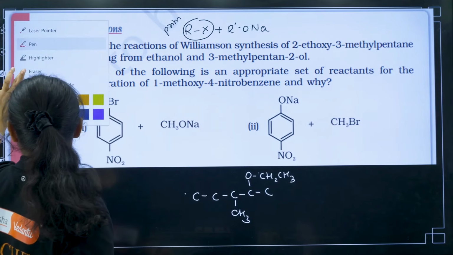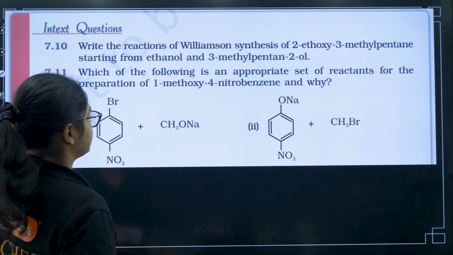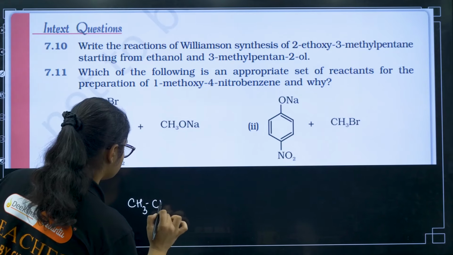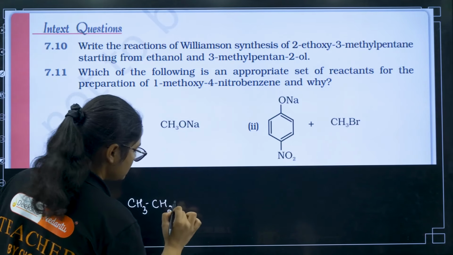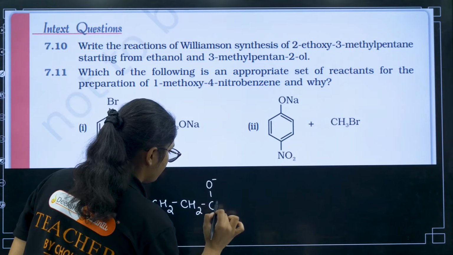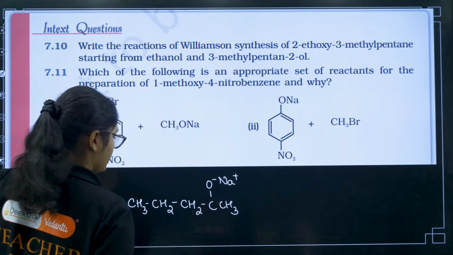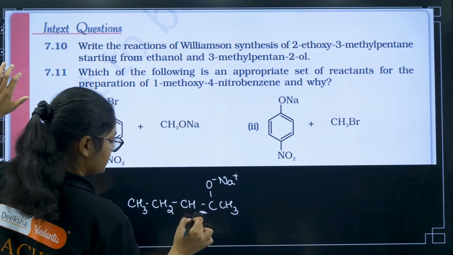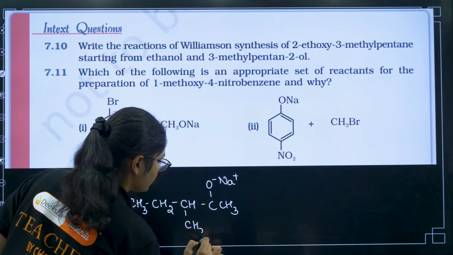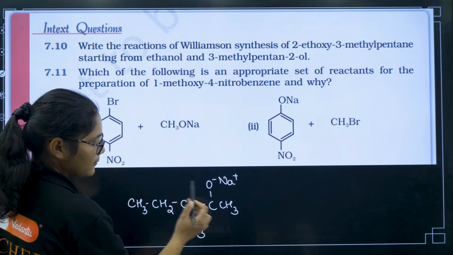So if I just write it down, let me take it like this, CH3 CH2 CH2 O minus Na plus, and I have here CH3. Okay, so it is, I think, 1 2 3, 3-methyl.